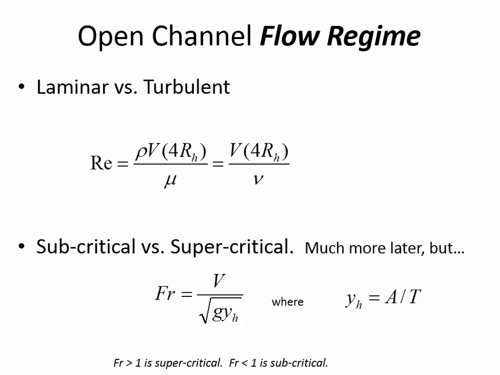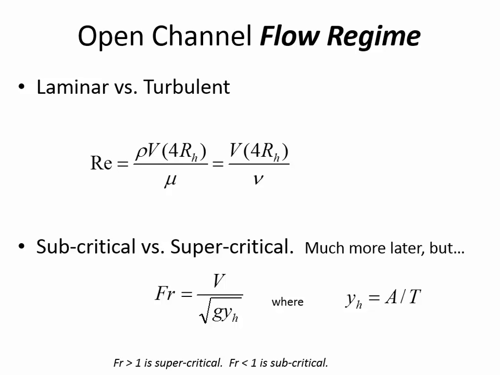But part of what that homework problem is asking about when it says what is the flow regime is that they're also asking you to classify whether the flow is subcritical or supercritical. We don't get into this in a lot of detail until later in the semester, but just to give you an idea of how you can determine whether the flow is sub or supercritical, there's a formula called the Froude number. FR stands for Froude. There are a lot of different ways to calculate it, but one of the easiest is if you know the velocity of the flow going through an open channel.